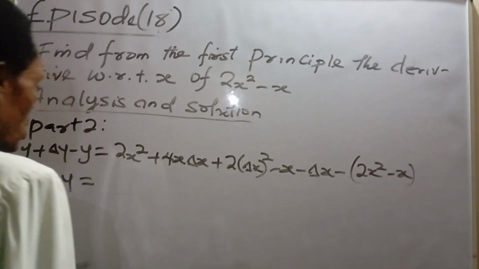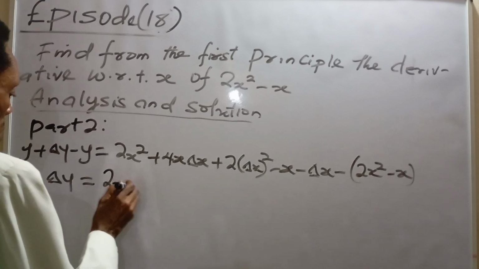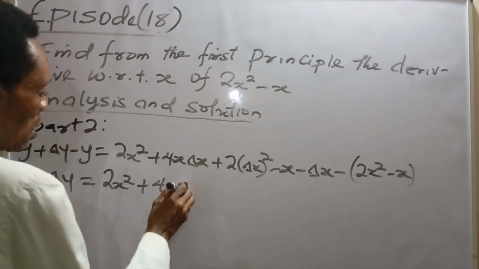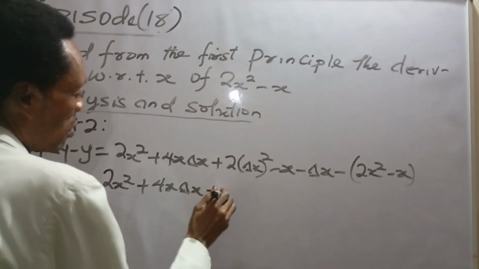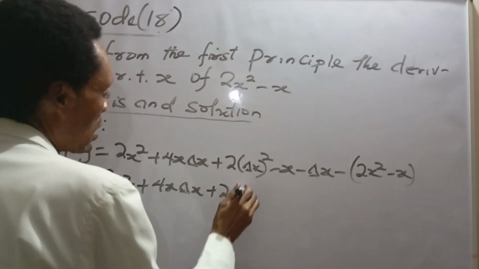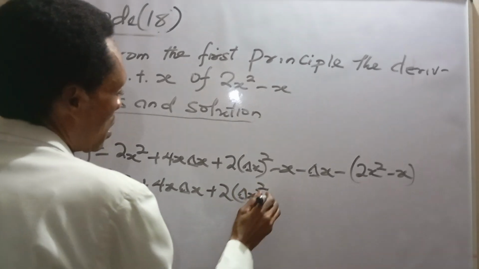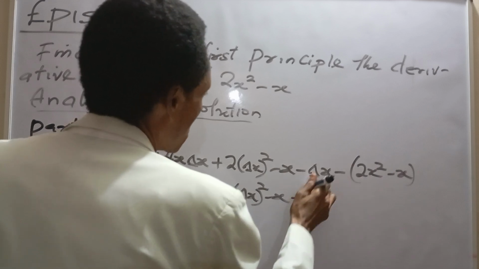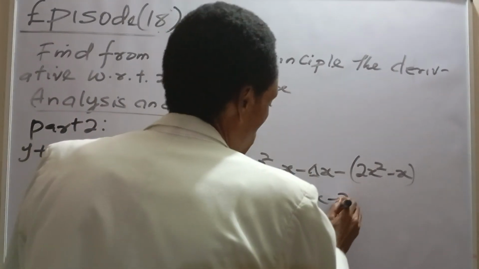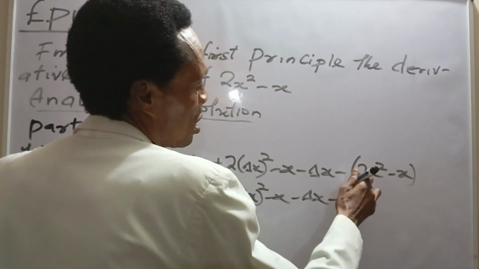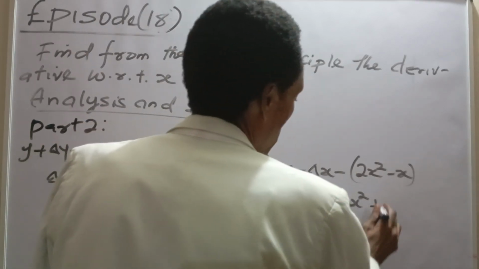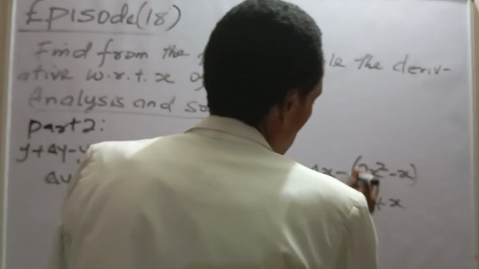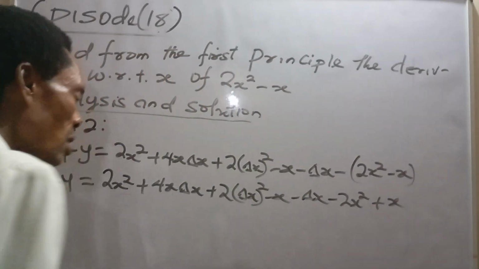It means that 2s squared plus 4s delta s, which is this, plus 2 open bracket delta s squared minus s, which is this, minus delta s, which is this, then minus 2s squared, which is this, then plus s, that is minus will change to plus, you know?